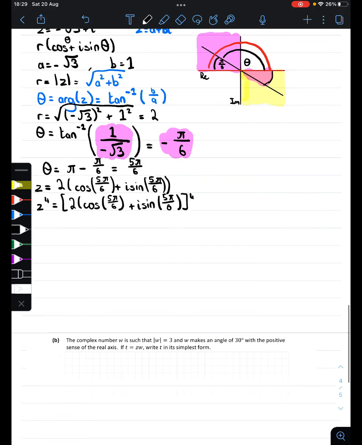And using de Moivre's theorem, this is r to the power of 4, 2 to the power of 4, times cosine 4 theta, which is 20 pi over 6, plus I sine 20 pi over 6.